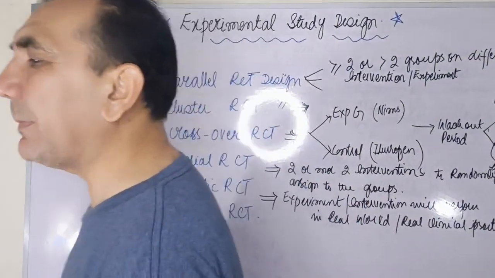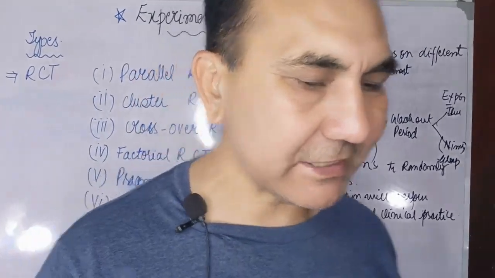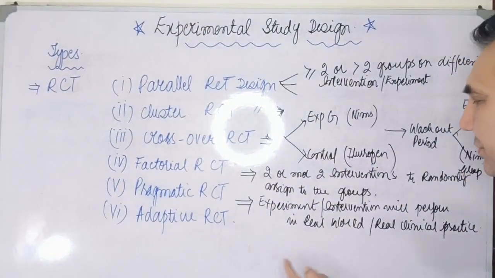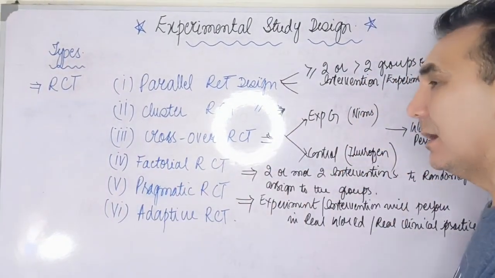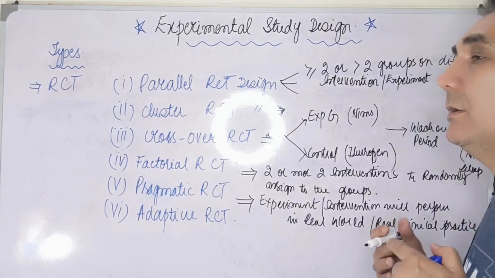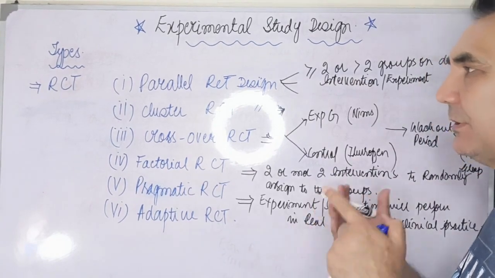So this is called the pragmatic RCT, where the intervention or experiment is performed by the researcher in the real world situation or real clinical practice.